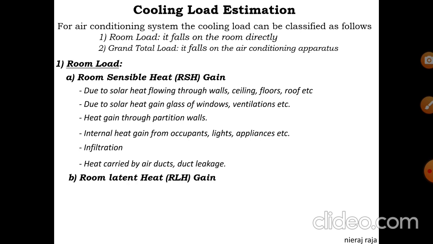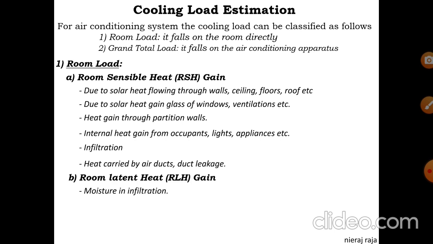Now second is the latent heat. Latent heat deals with moisture, the water vapor present in the room, which can increase. First one is due to the moisture in infiltration. Whatever air leaks inside that room through cracks, micro cracks or some openings, it will enter along with some water vapor present in it.